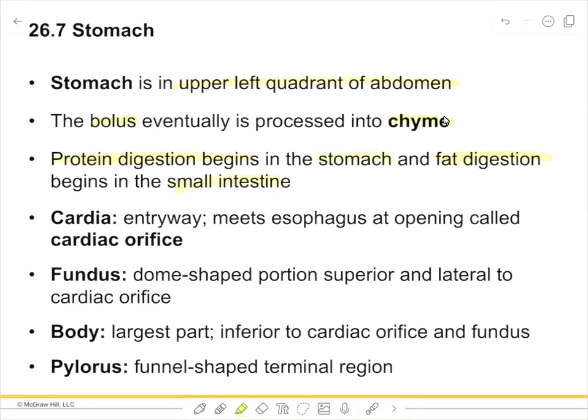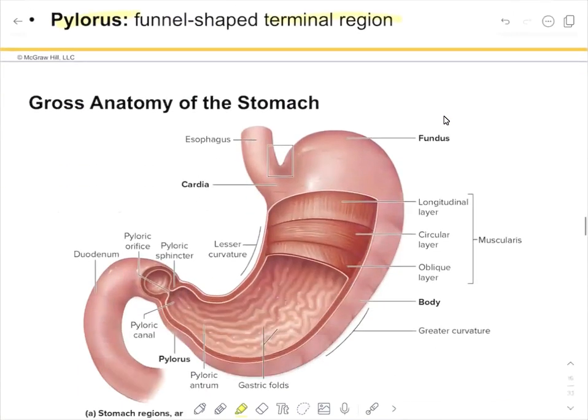So the beginning of the stomach, the entryway, is called the cardia. It meets the esophagus at the opening called the cardiac orifice. The fundus is the dome-shaped portion of the stomach. The largest portion is the body, and the end of it is the pylorus.